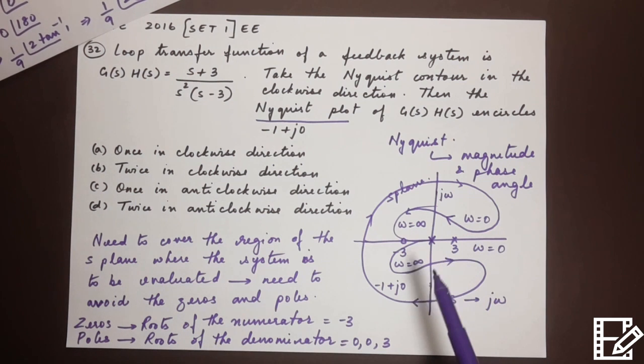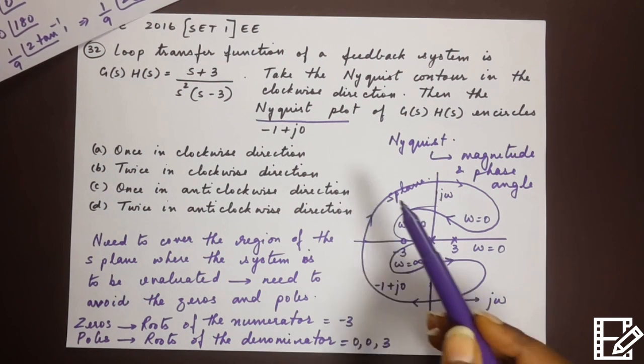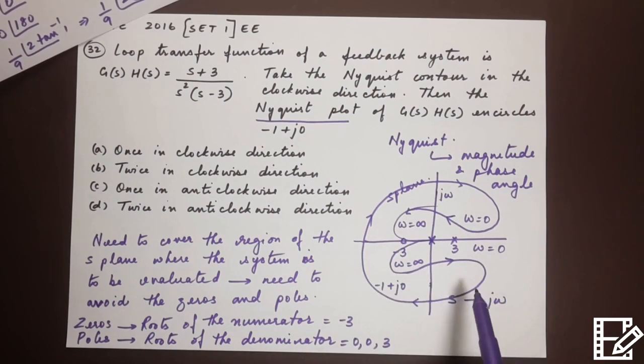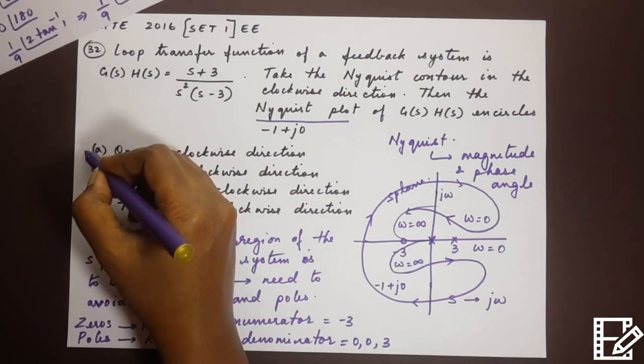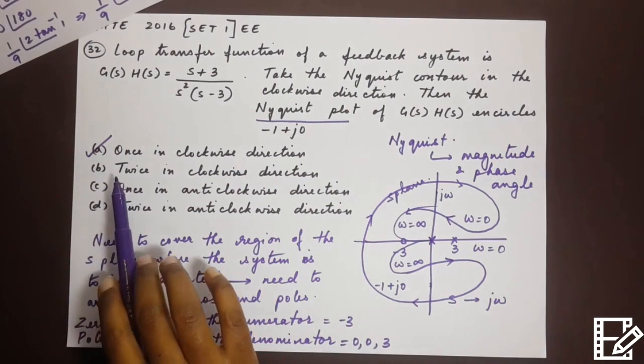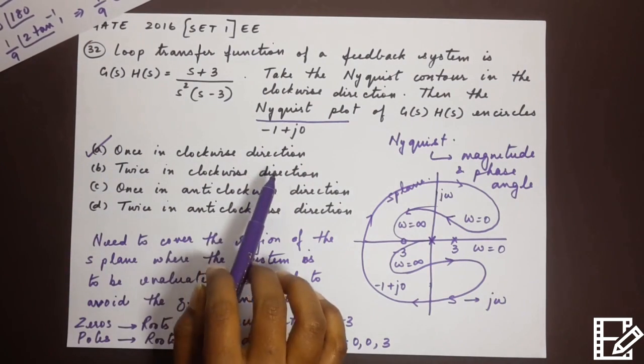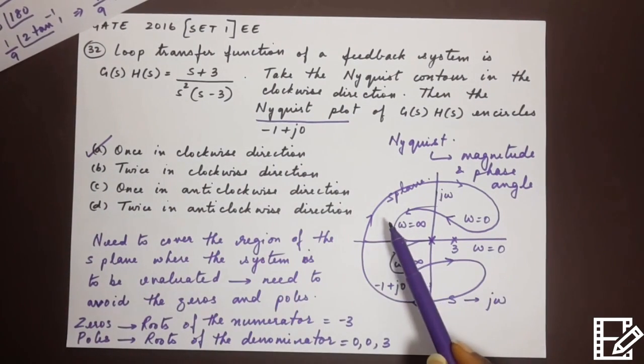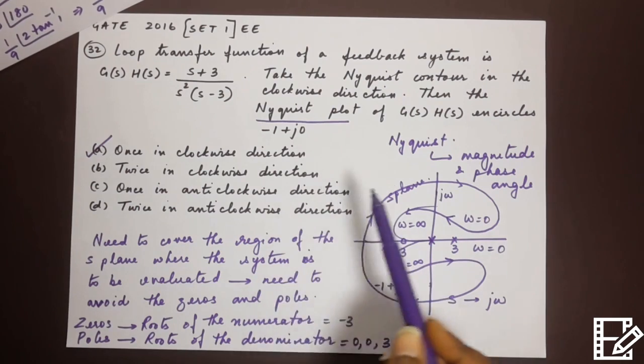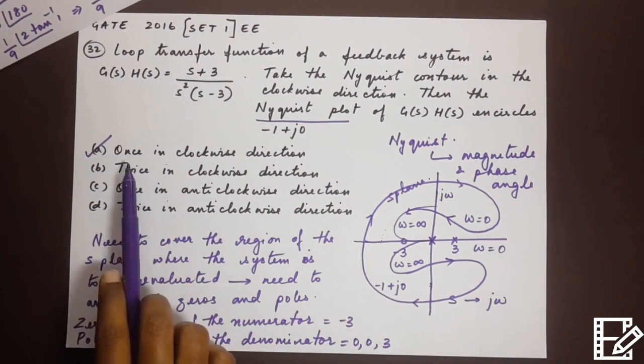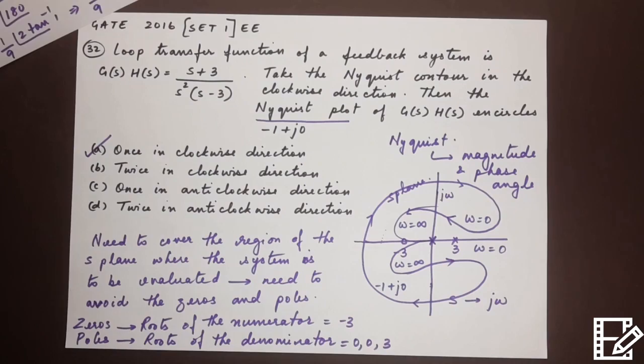Because there are mirror images of the radius omega equal to infinity, it will go just once, and that means A is our right option. It circles once around minus 1 plus j0 in the clockwise direction.